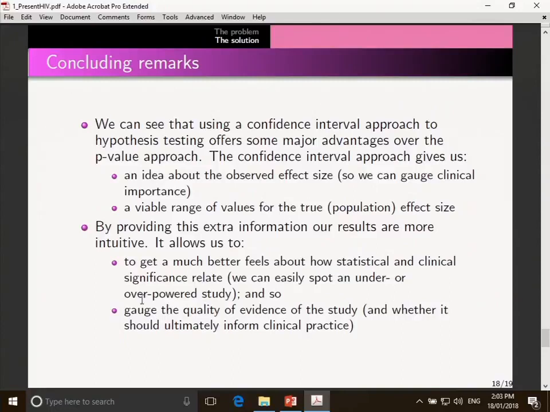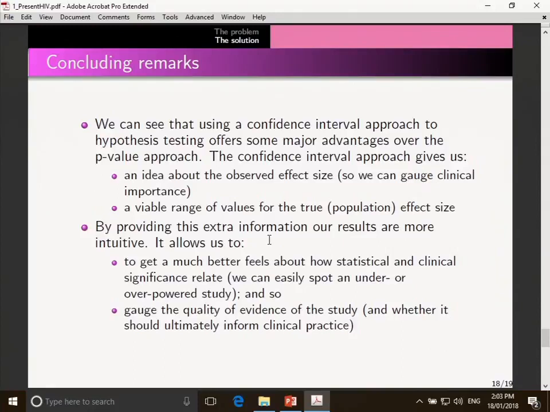And really I've already said these. We get an idea about the observed effect size, so we can gauge clinical importance. We have a viable range of values for the true population odds ratio. And by providing this extra information in our research, it allows us to get a much better feel about how statistical and clinical significance relate to each other, whether our sample size is way off, for example.